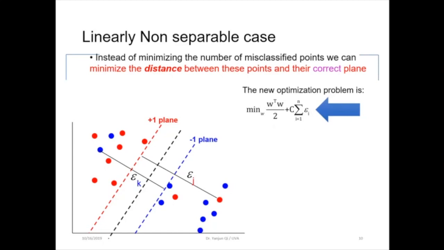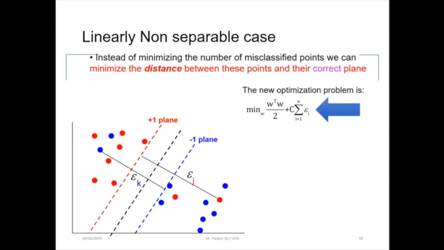One of the simplest is this loss, which is in fact called Hinge Loss. Instead of minimizing the number of training points that are predicted wrongly, I'm minimizing the wrong distance.